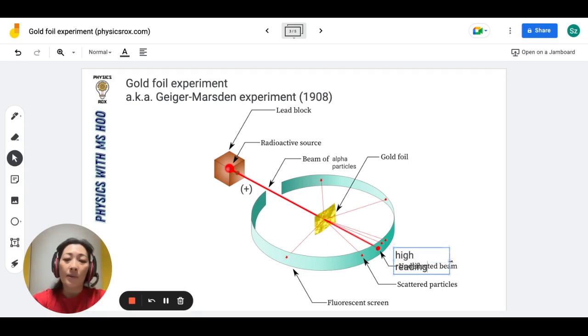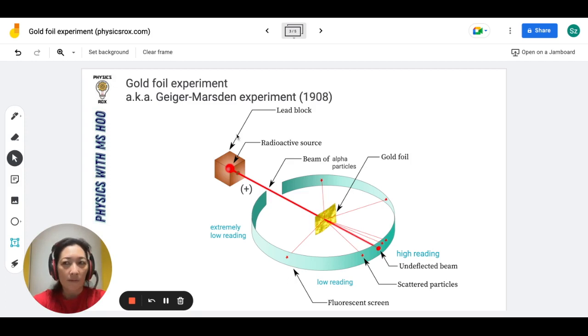Even though numbers may not be shown, I want you to understand the high reading here refers to a very high concentration of alpha detected directly across. And in front at the edges here, low reading or very low instances, while behind, extremely low.